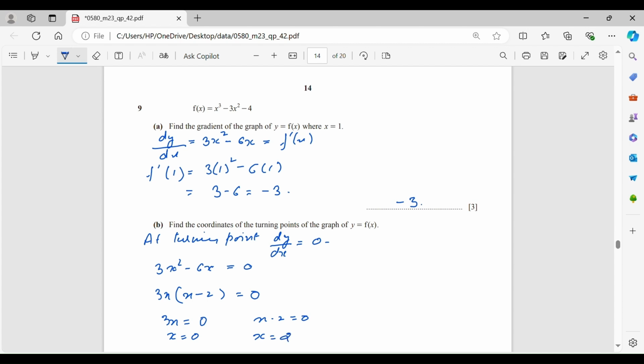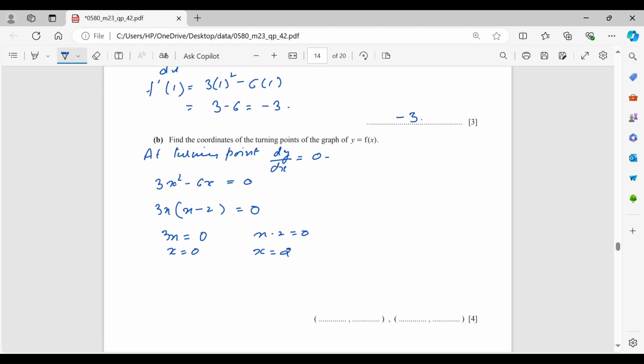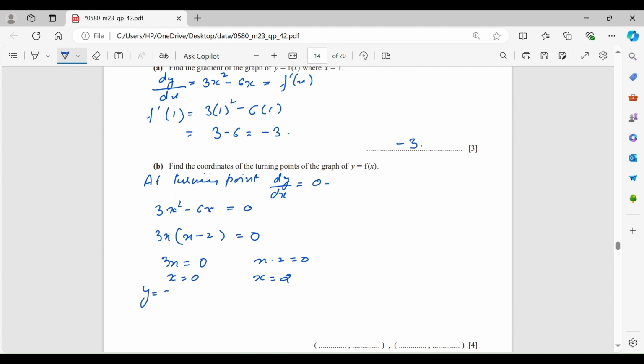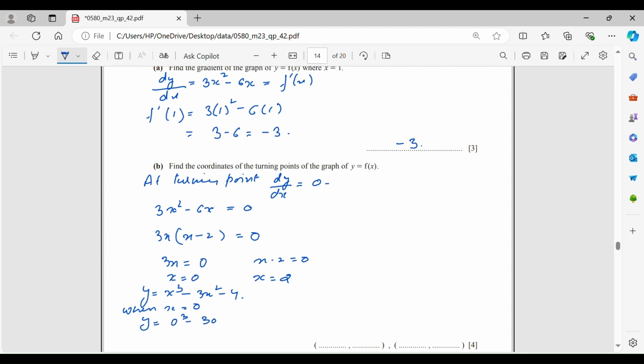So we have to find the coordinate of this. y is equal to x cube minus 3x square minus 4, right? When x is equal to 0, y will be equal to 0 cube minus 3 into 0 square minus 4.